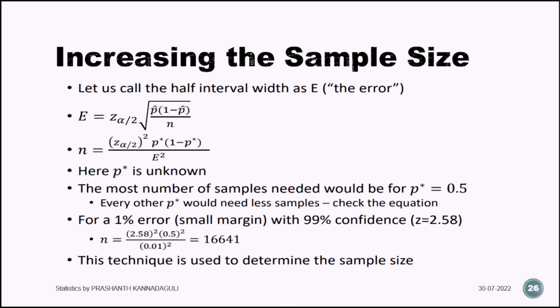All right, fine. So now the idea is that I may not be able to guess the actual p value, but at least I can say that with so much confidence, if you want to give your answer and predict the range of p, you should know at least how many people I should talk to, how many samples I should consider before I give a solution.